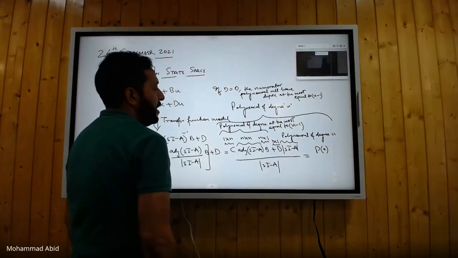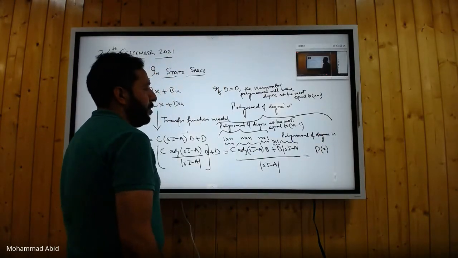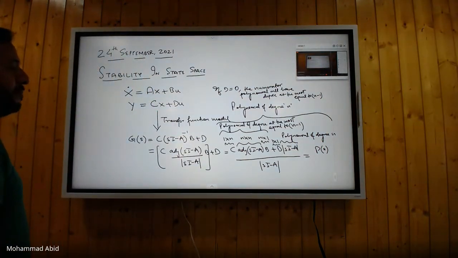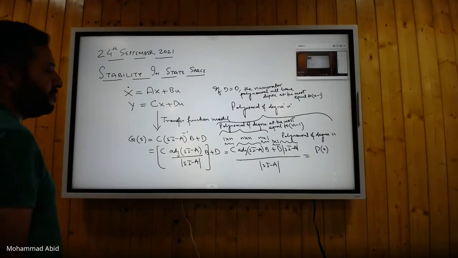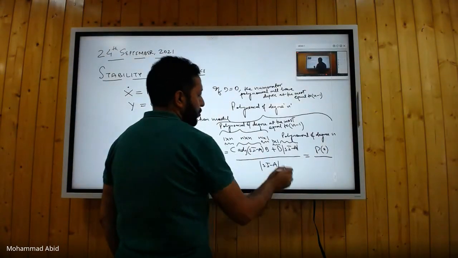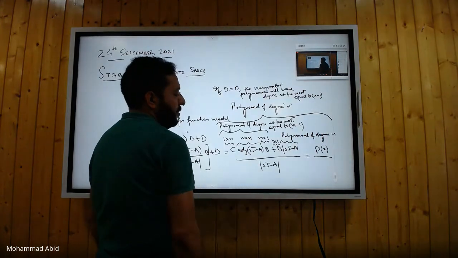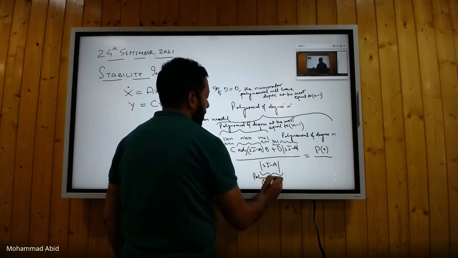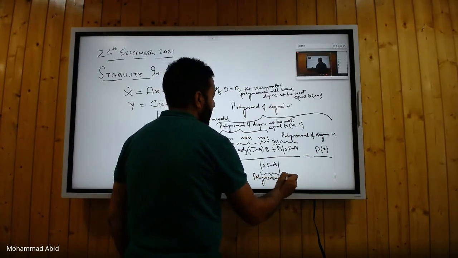Yes, sir. So these rational functions with numerator polynomial having degree greater than the denominator polynomial are not physically realizable. They are not realizable as physical systems. Let's first of all talk about the denominator polynomial. This denominator, determinant of (sI minus A), will be a polynomial of degree n.